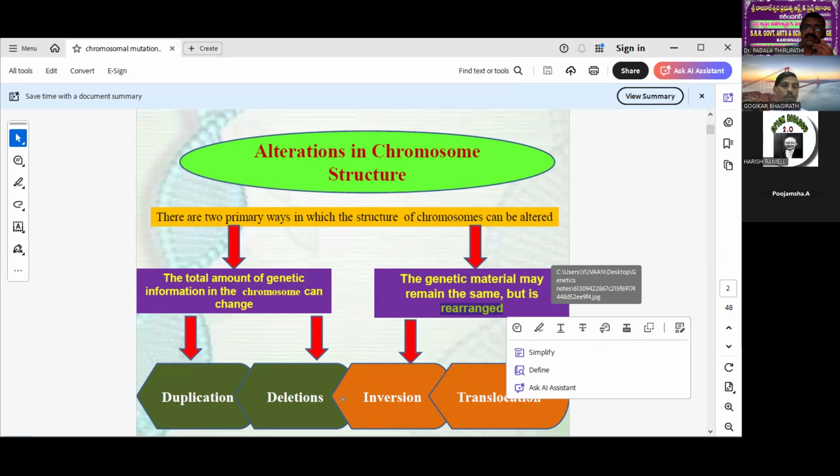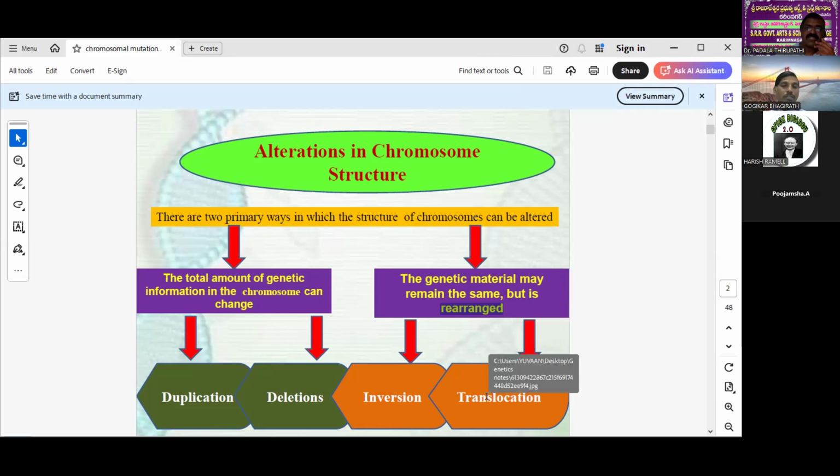We can broadly classify them into four types. First is deletion, second is duplication, third is translocation, fourth is inversion. First we go for the first aspect. The total amount of genetic information in the chromosome can change. That indicates before and after the change, we can observe the physical change in the chromosome.